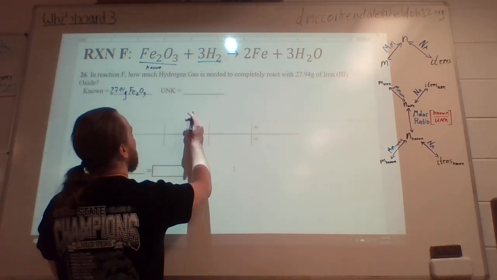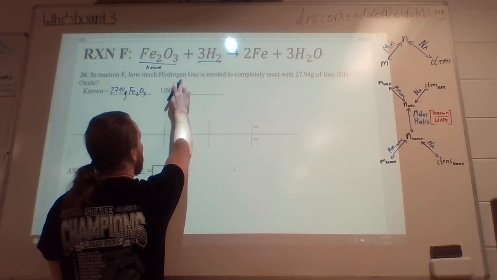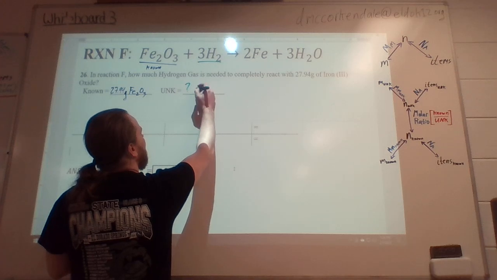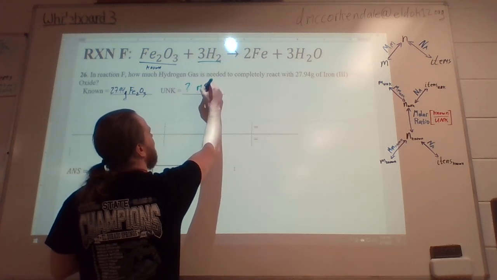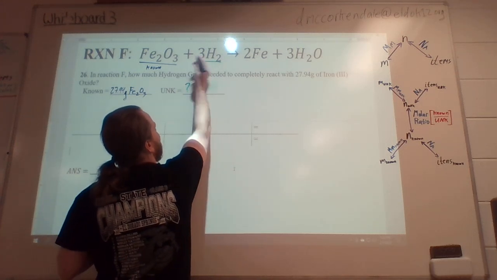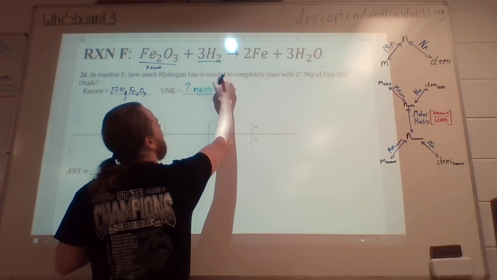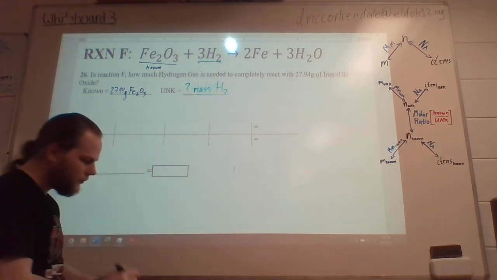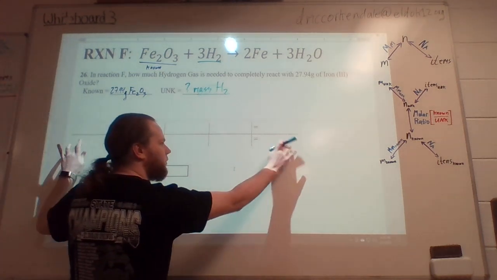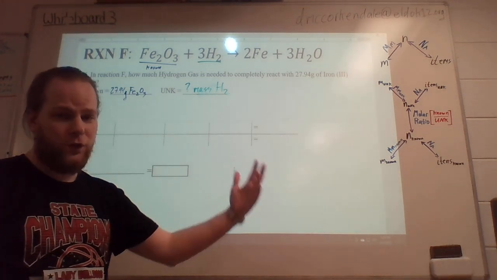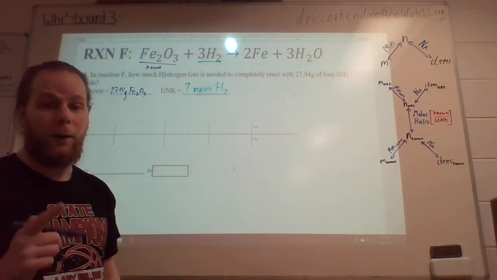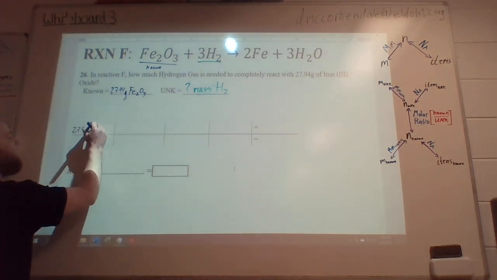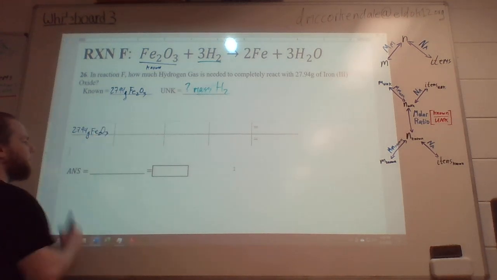So we are looking for the mass of hydrogen gas. So our unknown is going to be mass of H2. So how much mass of H2? Now down here, our actual table, we are going to start the same way we always do by writing our known. 27.94 grams of Fe2O3.